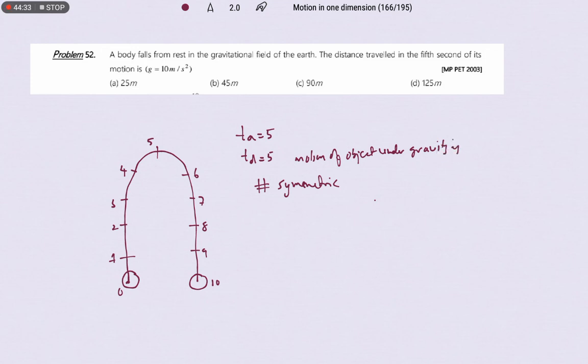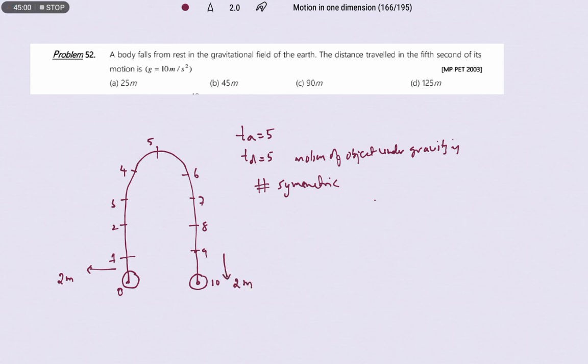That means the distance travelled by the body in 1 second is equal to the distance travelled by the body in the 10th second. What is the meaning of this? Suppose this is the distance travelled in 1 second, suppose 2 meters it travels. In the same way, in the last second of its journey also, it covers the same distance.